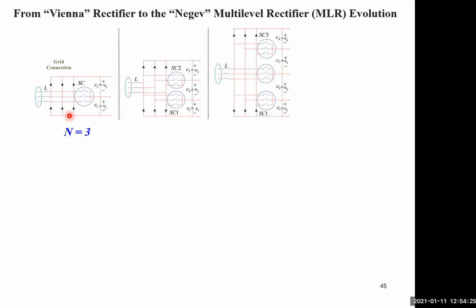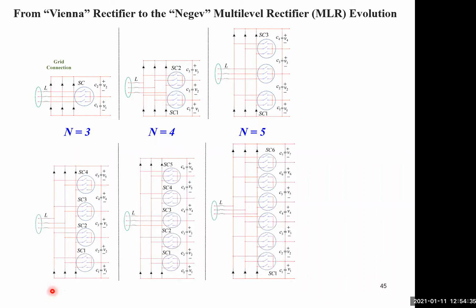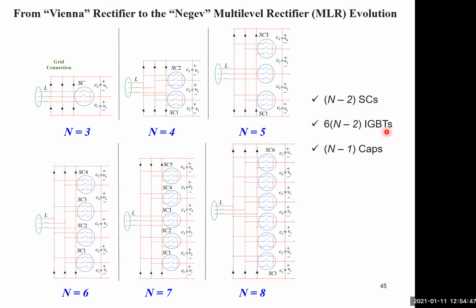So let's look at the Vienna rectifier to Negev rectifier evolution. This is the 3-level Vienna. By adding a switch cell and 1 capacitor, we end up with 4 levels. And this is 5-level, 6-level, 7-level. This is the evolution up to 8 levels. So we have a total of N minus 1 switch cells, where N is the number of levels, a total of 6 times that of IGBTs, and N minus 1 capacitors for our topology.